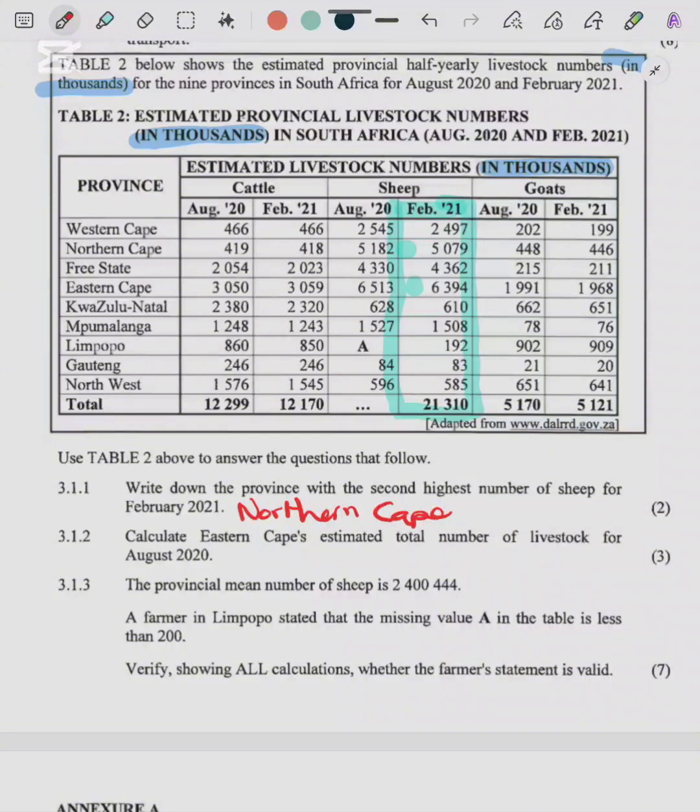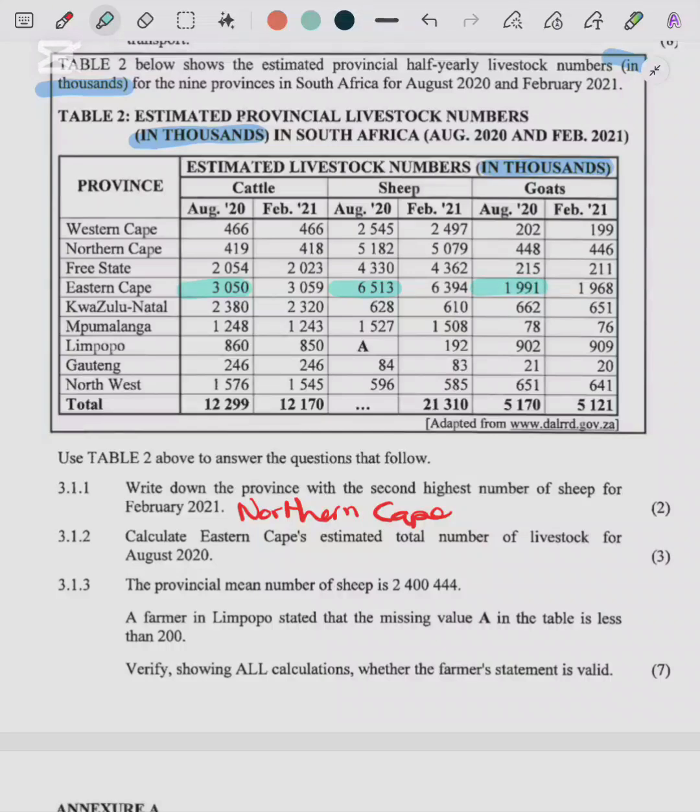Okay. Next one says calculate Eastern Cape's estimated total number of livestock for August 2020. So again here it's quite important that we are working with the right months. So let me take off this previous question and we're going to be working with Eastern Cape. So I'm going to just go across and say, okay, I'm working with this one, August 2020, this one, and this one. Right, cattle, sheep, and goats.